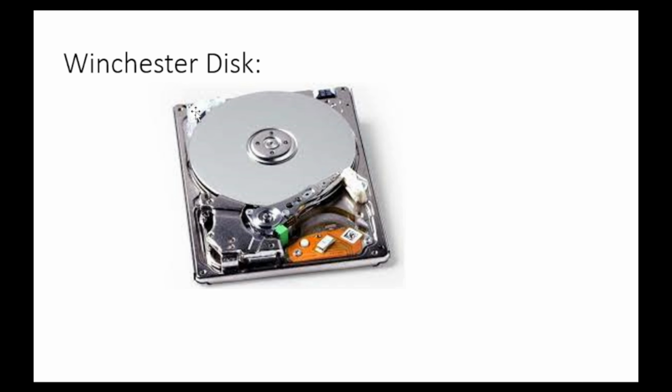Now this is what we call a Winchester disk, and these are the most popular disks used nowadays. A Winchester disk consists of two or more hard disk platters placed one after another, mounted on a single central shaft, which is placed vertically, and multiple disks are then placed on it.